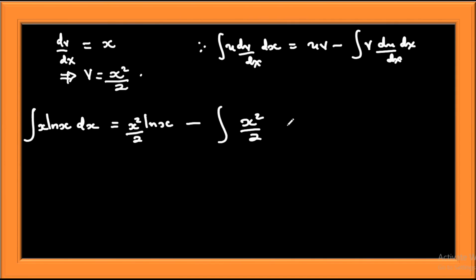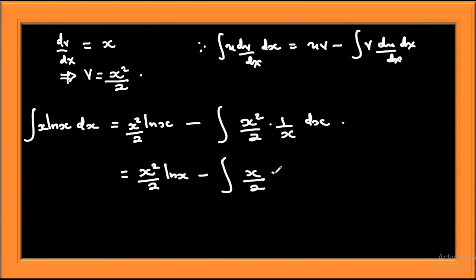We differentiated ln x, and we got du/dx as 1 over x. So I have 1 over x here, all this with respect to x. So at the end of the day, we shall have x squared out of 2 natural log of x minus, when you simplify this expression carefully, you will have x out of 2 dx.